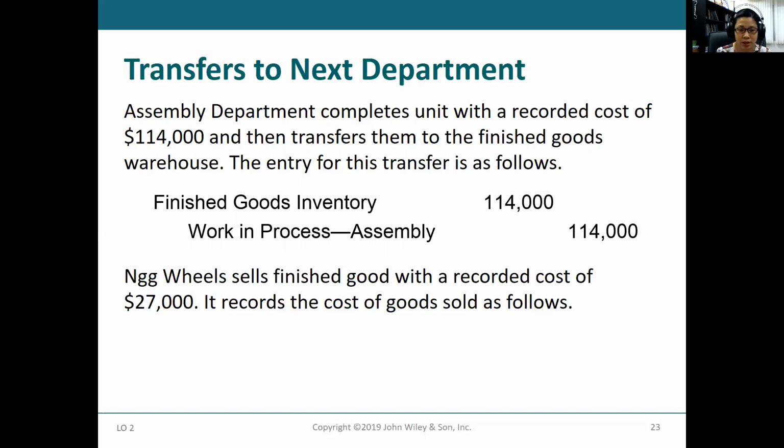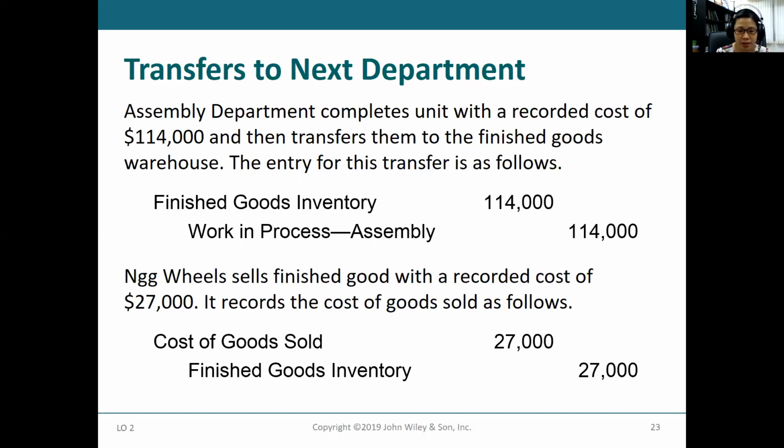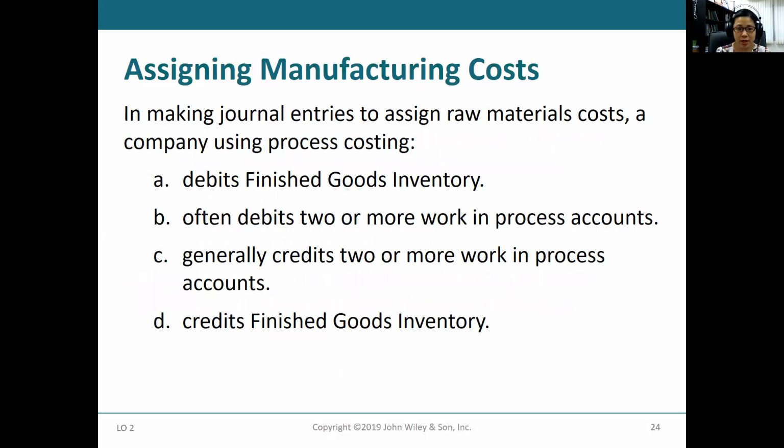Now the company sells finished goods with a recorded cost of 27,000. Then we record the journal entry by debiting cost of goods sold 27,000 and crediting finished goods inventory 27,000. There will be another journal entry to record the price of the products, like debit accounts receivable and credit sales revenue.